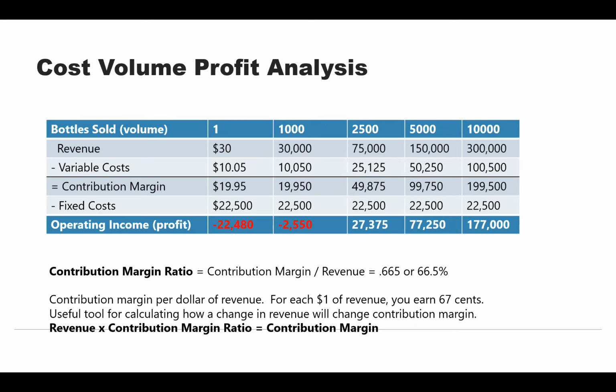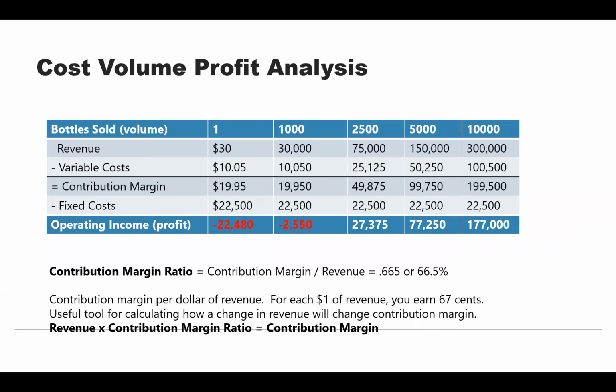You see, these fixed costs don't change, they're just fixed. So you're still at negative 2,550. And as you sell more, once you get over the fixed costs, every bottle you sell at that point contributes more to your overall operating income.